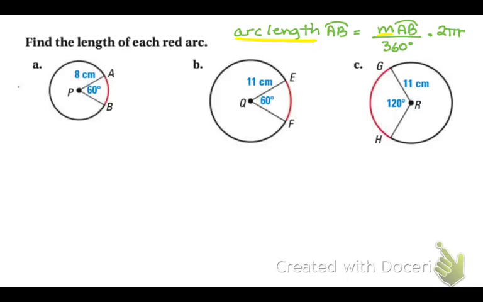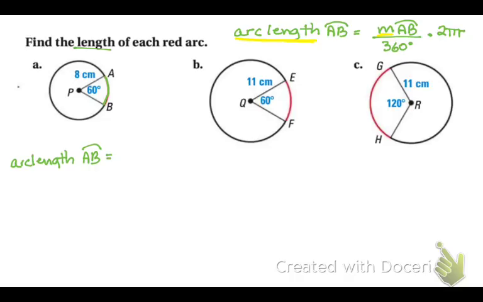So we're going to find the length of each red arc. Notice it's not asking for the measure of each red arc, it's asking for the length. So if we were to walk between point A and point B along this red circle, how far would we walk? That would be the question. So let's write our arc length of AB.